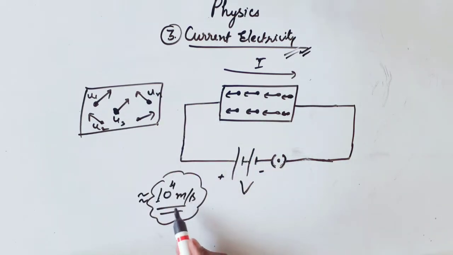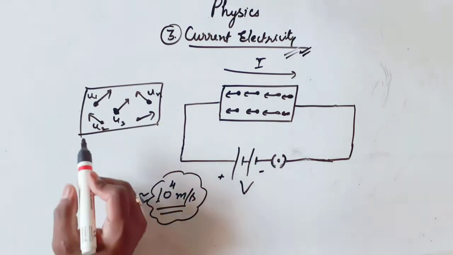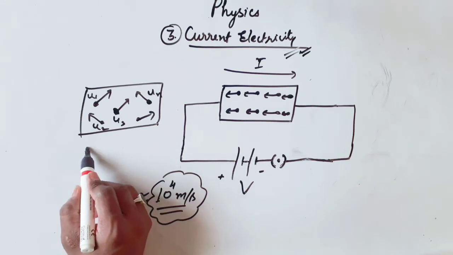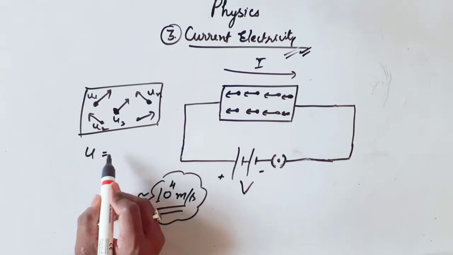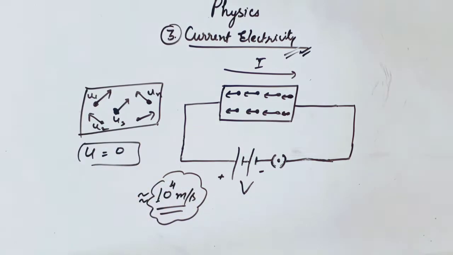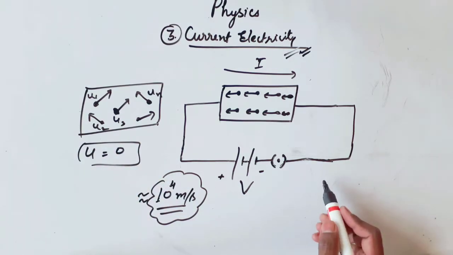It is in the order of 10 to the power 4 meter per second, and as you know, the average value of this thermal velocity will always be equal to 0, which I have already discussed in my previous video.